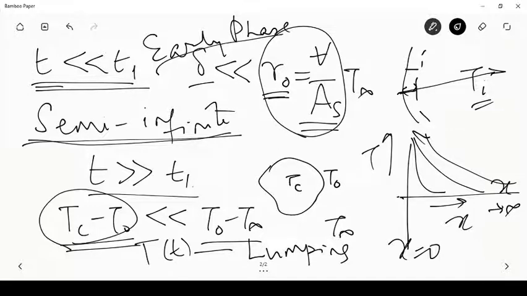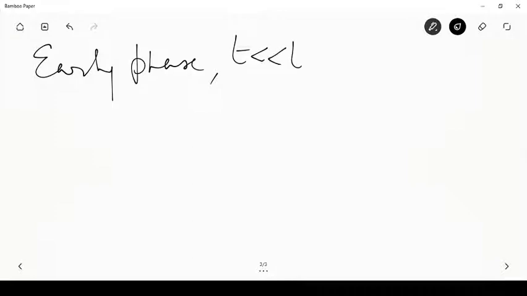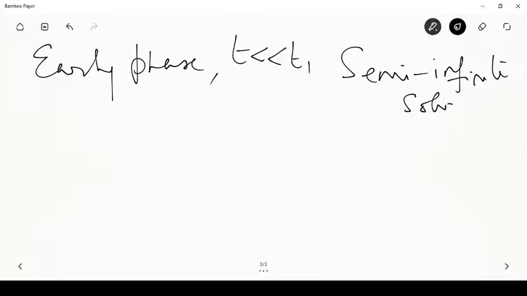So a single temperature for the whole body is called lumping the body. This method is called the lumped capacitance method, and that is applicable to what is called the late phase. So you see two extreme conditions here. One is for the early phase, where t is much less than t1, and you use the semi-infinite solid model.